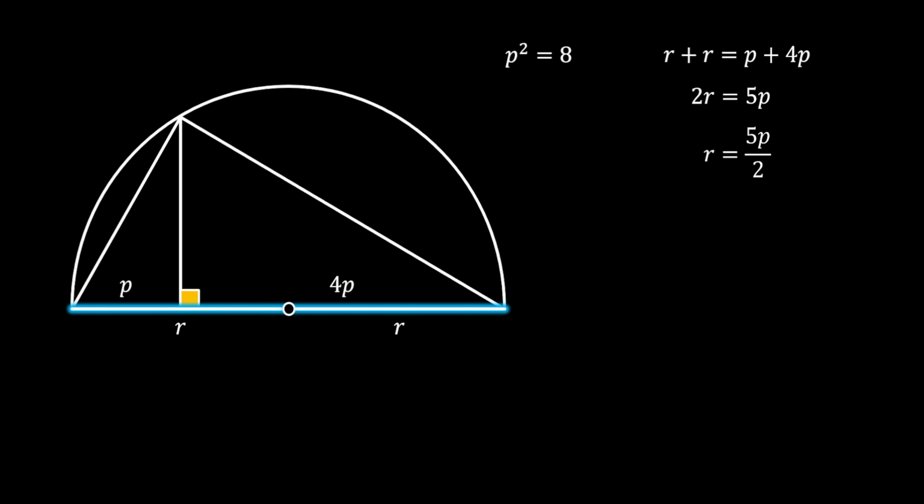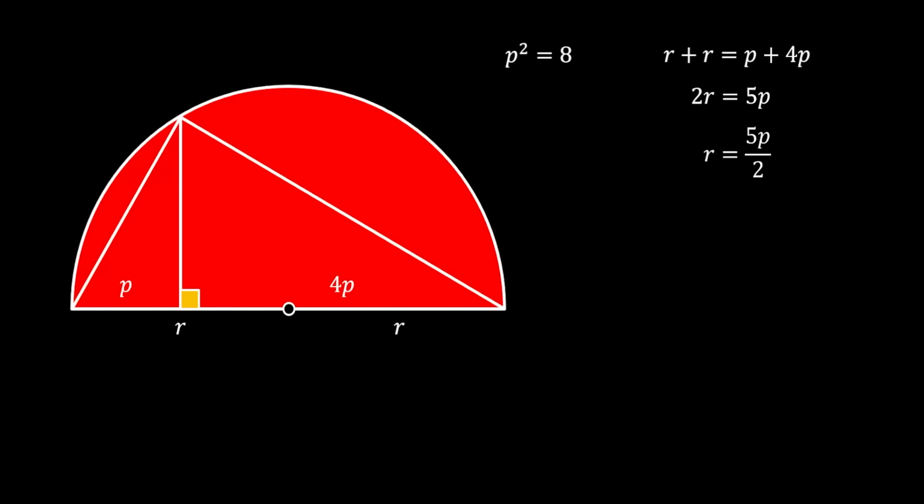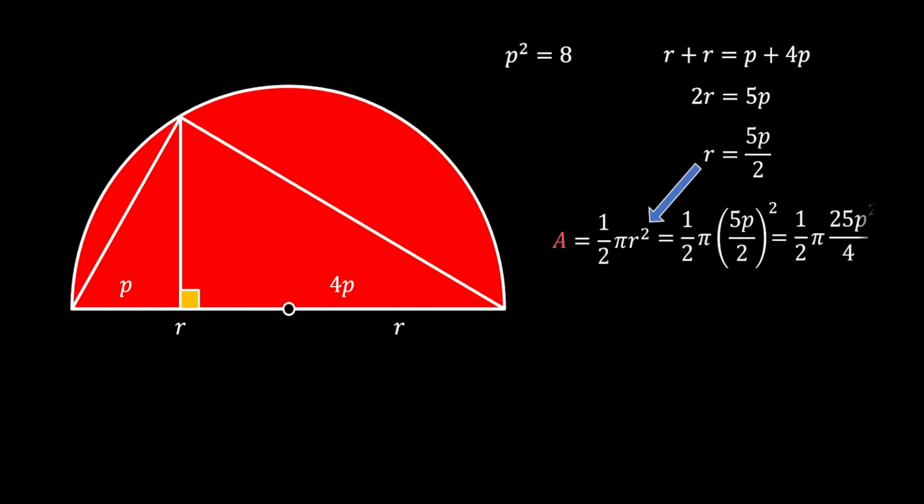Now, remember, we are looking for the area of our red semicircle, and the area of a semicircle is equal to one half of pi r squared, so we can just substitute the value of r. If we do this, we will get the following. Now we can simplify this, and we get that our red area is equal to 25p squared over 8 times pi.